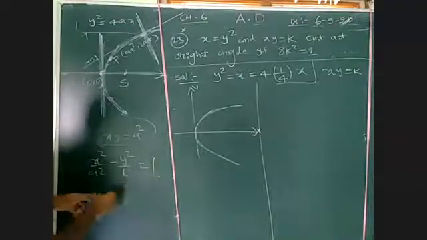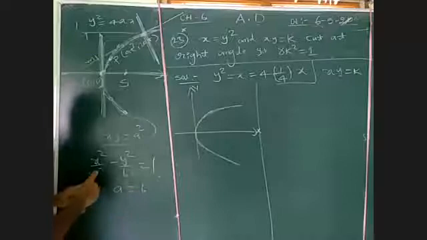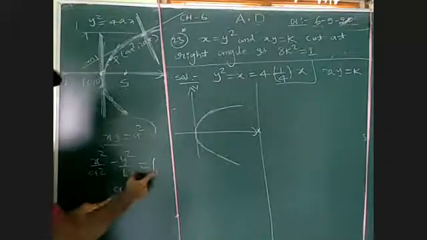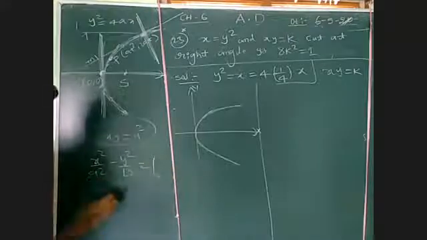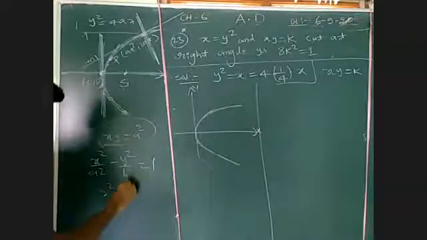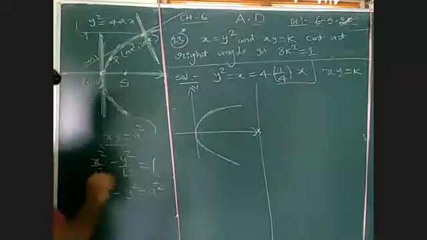Why is it the equation of a hyperbola when a is equal to b? Substitute a is equal to b: x square by a square minus y square by a square is equal to 1. a square is the LCM. Cross multiply, so we get x square minus y square is equal to a square. This is called a rectangular hyperbola.